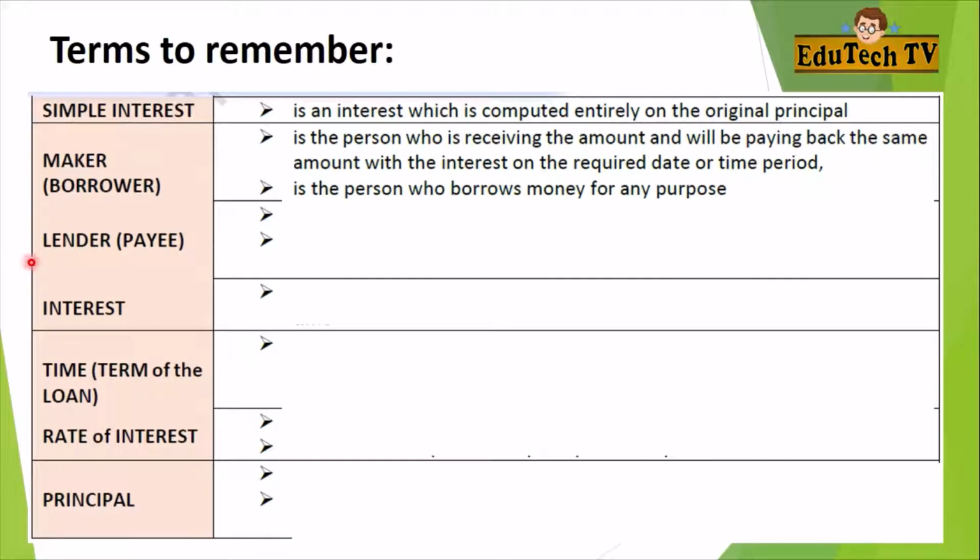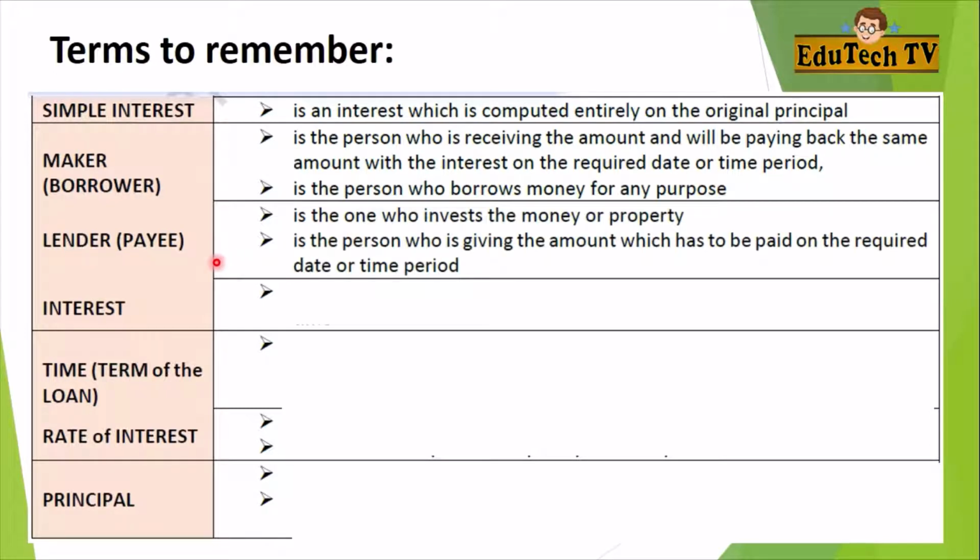Now we have also the lender and or the payee. The lender is the one who invests the money or property, and the payee is the person who is giving the amount which has to be paid on the required date or time period. Interest is the payment for the use of someone's money for a specified period of time.